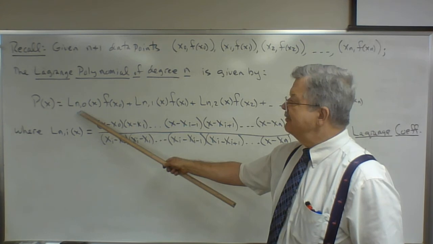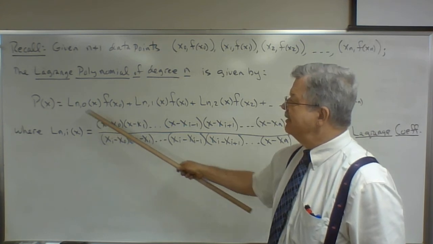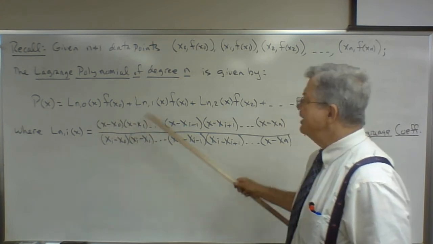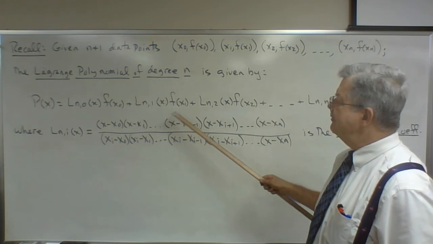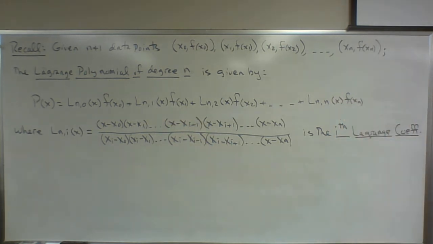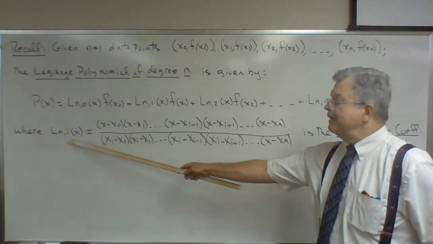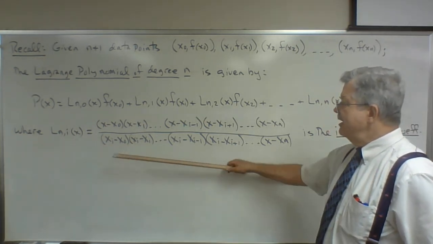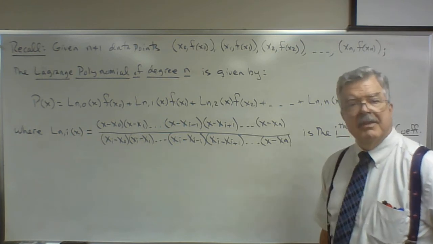The zeroth Lagrange coefficient times f of x0, the first Lagrange coefficient times f of x1, and so on. And the ith Lagrange coefficient, L sub n comma i of x, is this expression.